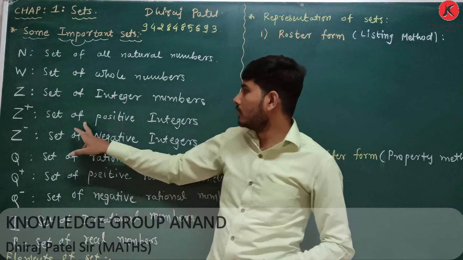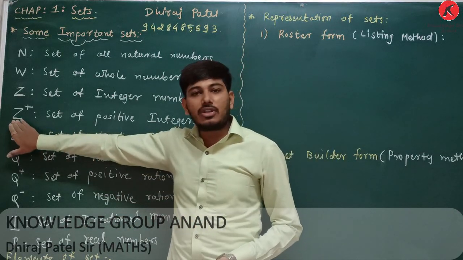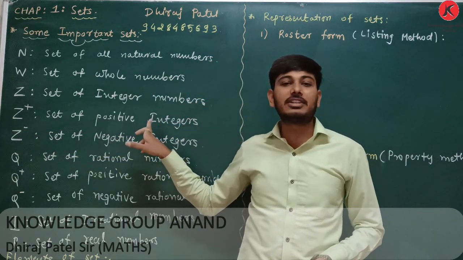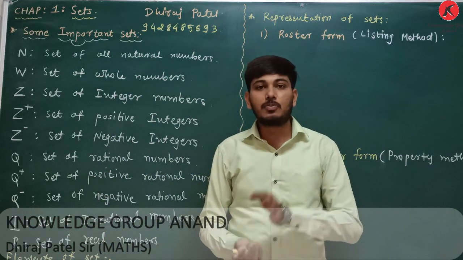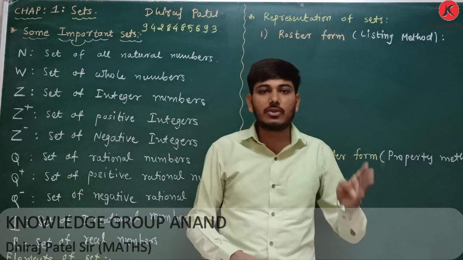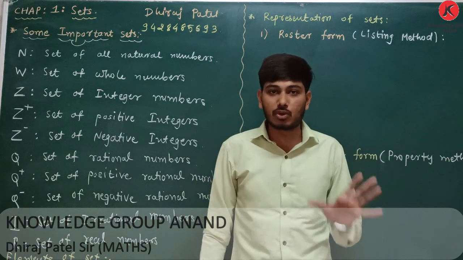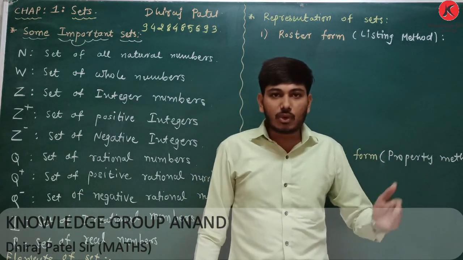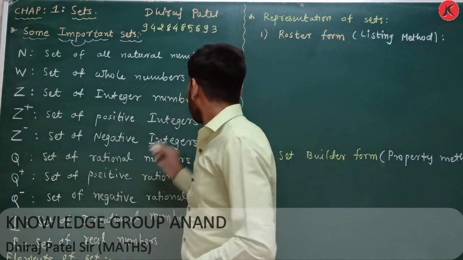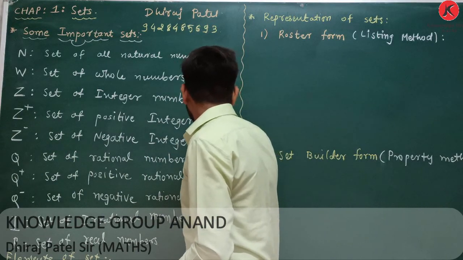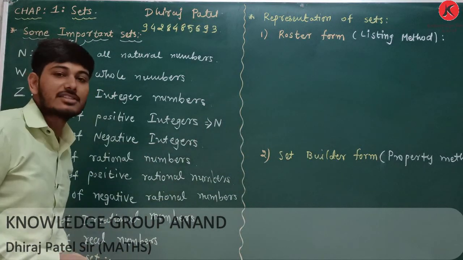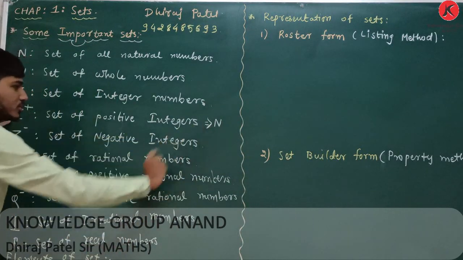Now, Z plus is the set of positive integers only, that means 1, 2, 3, 4, 5 up to infinity. We can also say that it is equal to the set of natural numbers N. Z plus equals N.